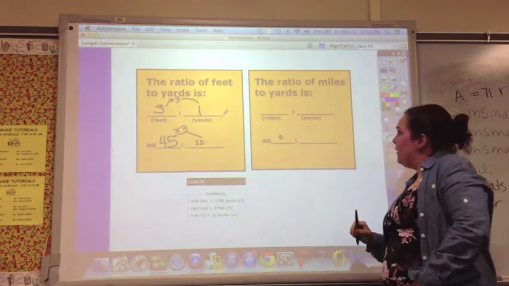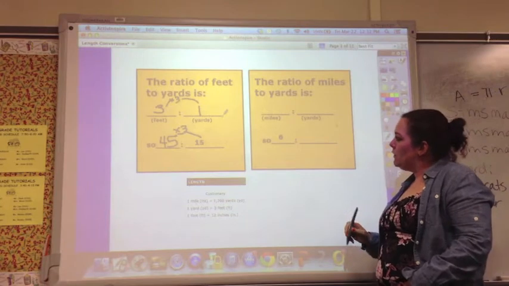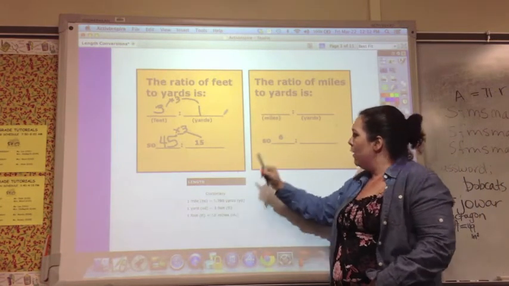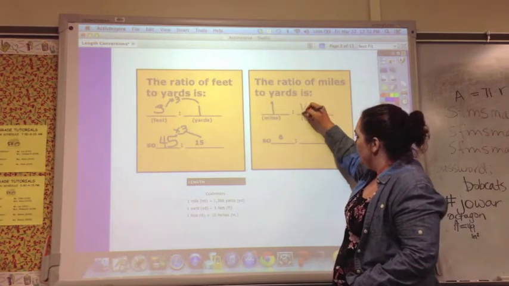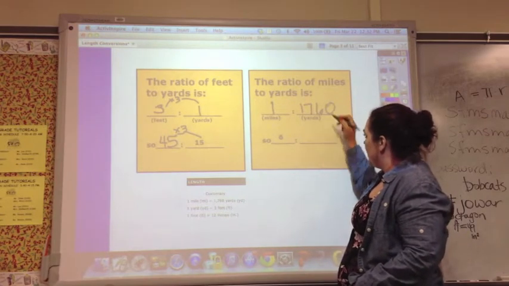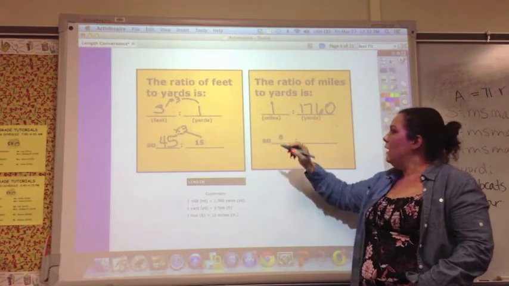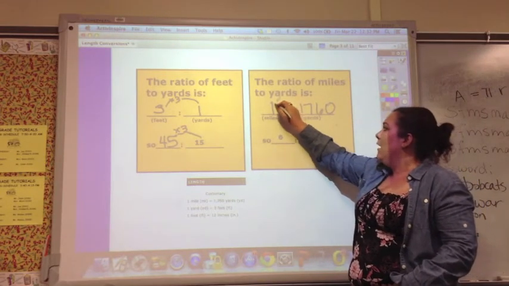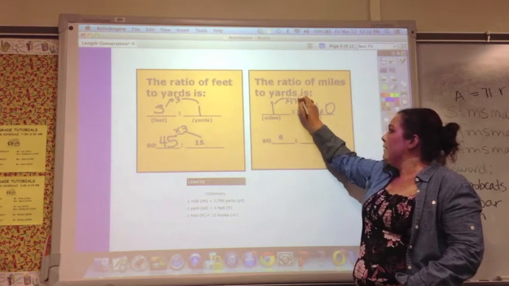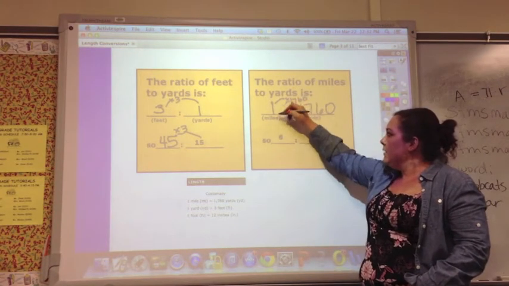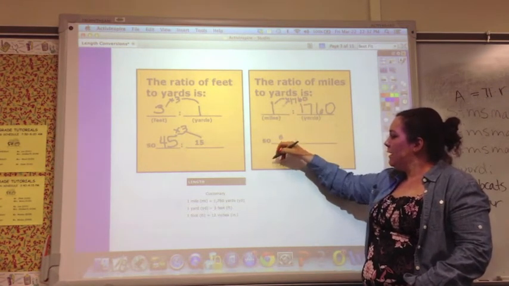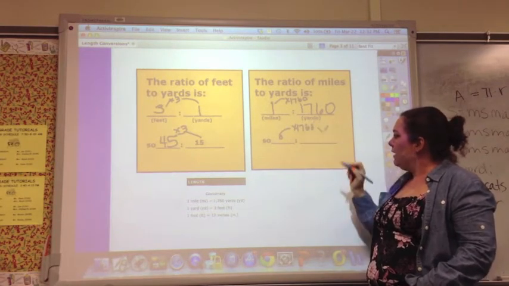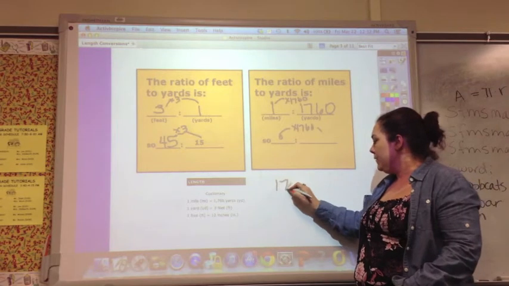And then if we look at miles to yards, I need to look down here and I say, okay, 1 mile equals 1760 yards. And how do I get from 1 to 1760? I multiply by 1760. And whatever I do up here, I have to do down here. And so it's times 1760. Now I can't do that in my head.